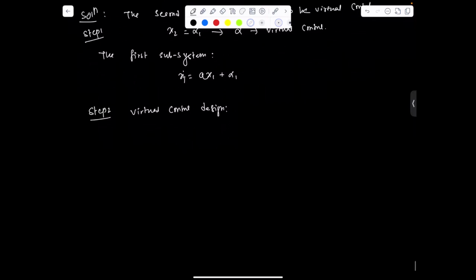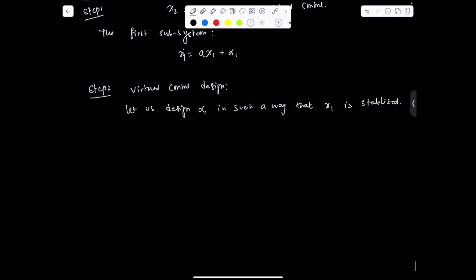So let us design alpha 1 in such a way that x1 is stabilized. Let's choose alpha 1 equal to minus a x1 minus k1 x1.